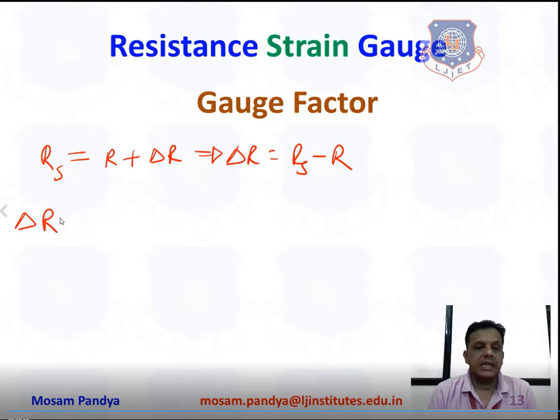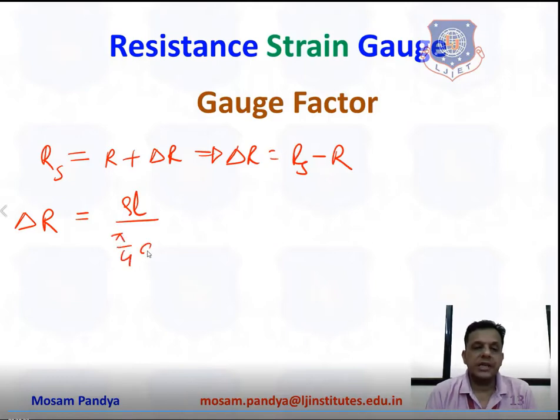So delta R is. Now what we'll do is subtract the quantity R from Rs. Now what is R? That is rho L by A, and that is rho L by pi by 4 d square.